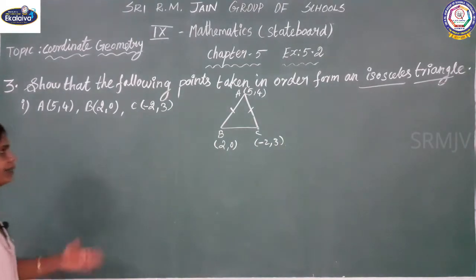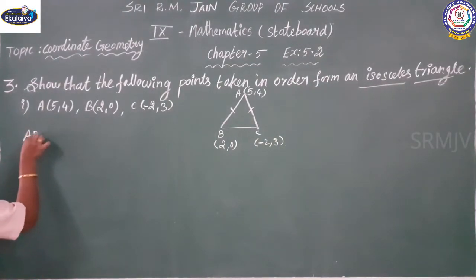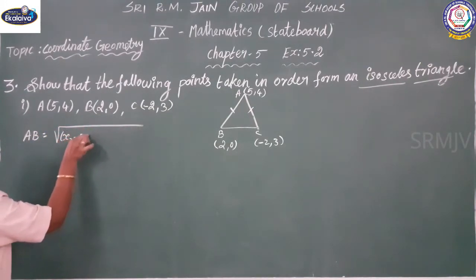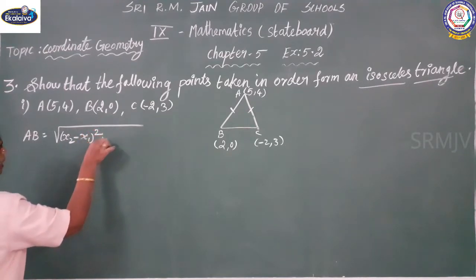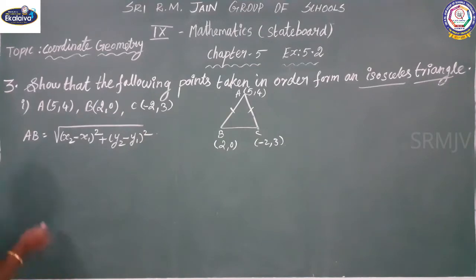Okay. So find the distance of AB. AB equal to, write the distance formula, children: square root of (x2 minus x1) the whole square plus (y2 minus y1) the whole square. Here A coordinate is (5, 4), B coordinate is (2, 0).